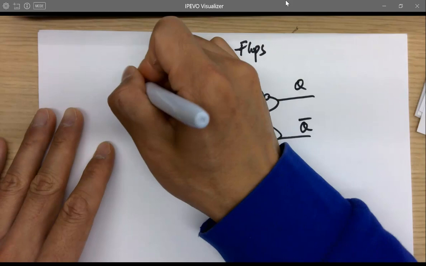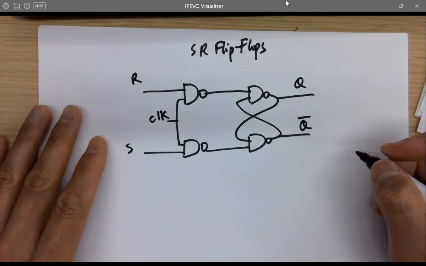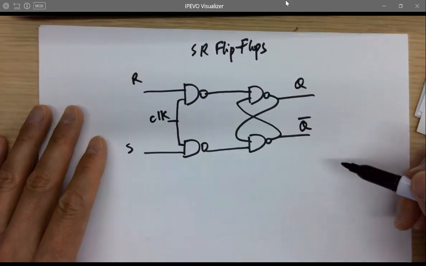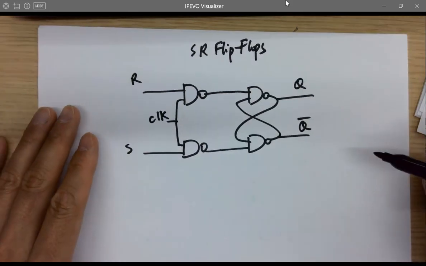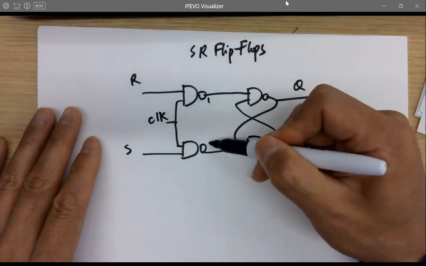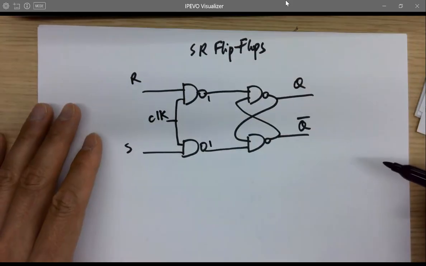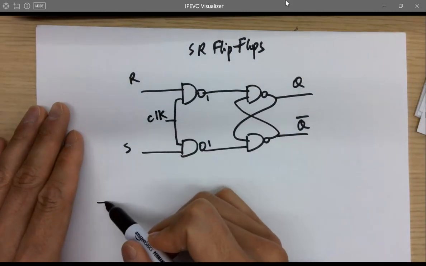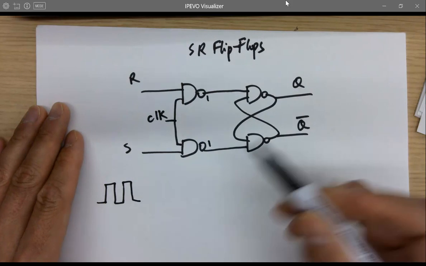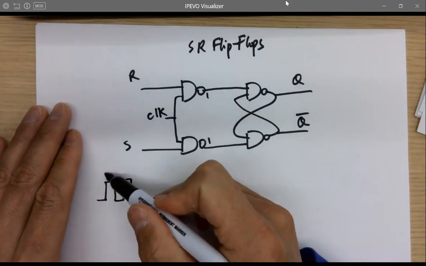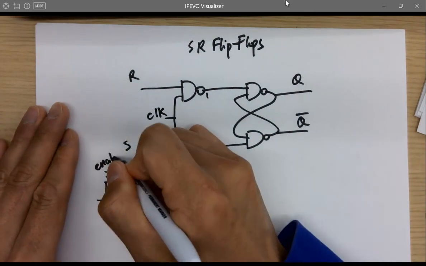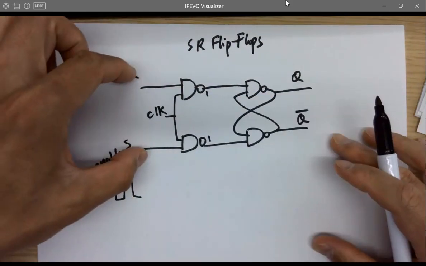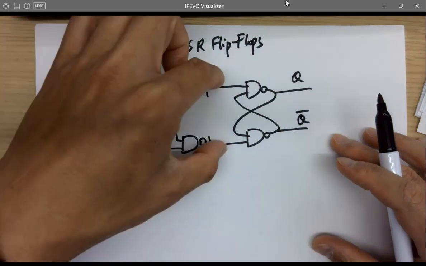Okay, let's try if that works. If clock is 0, what's going to happen? And 1 is doing what for the latch? Memory. Okay. So when the clock is just toggling from 0 to 1, 1 to 0, right? When clock is 1, it enables it. It's not affecting anything because 1 goes into the NAND gate, still passing R and S to the next stage.